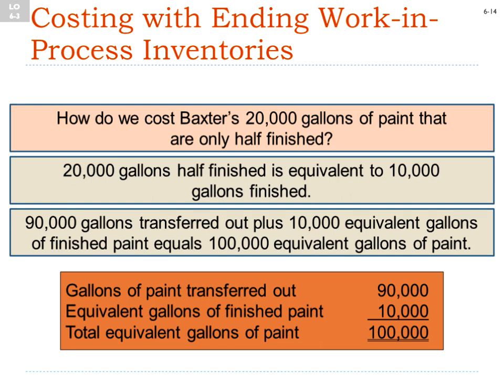Again, the math here is we're going to take our 20,000 half units, so it's 20,000 times 50%, so we get 10,000 equivalent units.